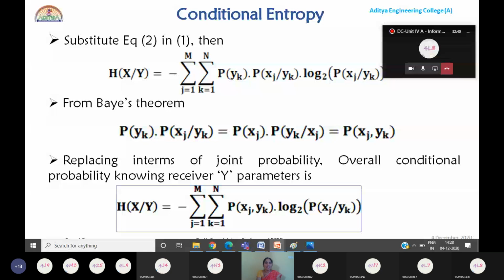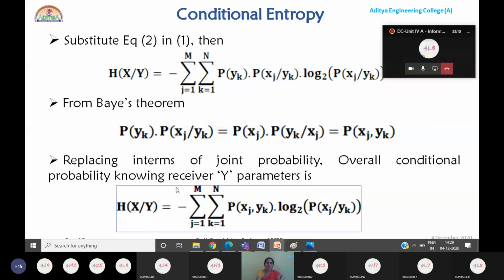Now if you observe this equation carefully, here we have P of yk into P of xj by yk. If you use this expression directly, you need the P of yk and P of xj by yk matrix. In other words, you can also replace this with P of xj comma yk.